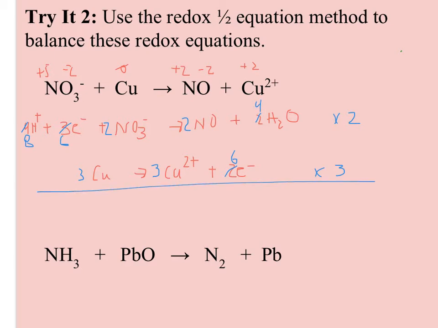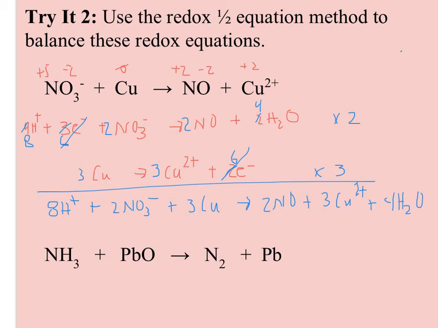So when I add my equations together, I'm going to have 8 H plus, 2 NO3 minus, the 6 electrons are going to cancel out, that was the whole point, plus 3 Cu is going to yield 2 NO plus 3 Cu2 plus 4 H2O.